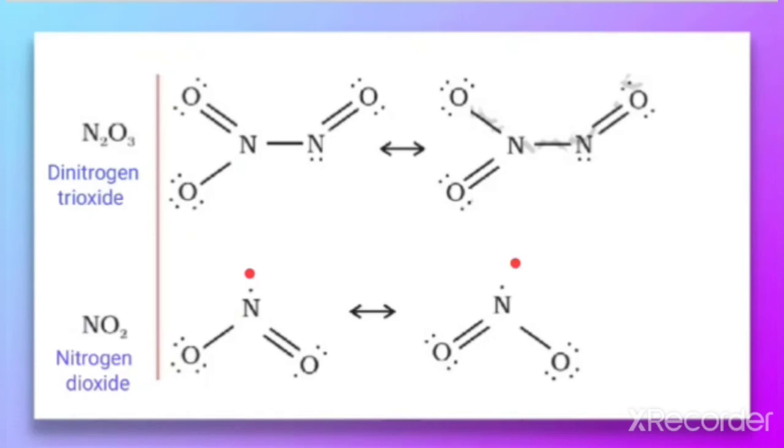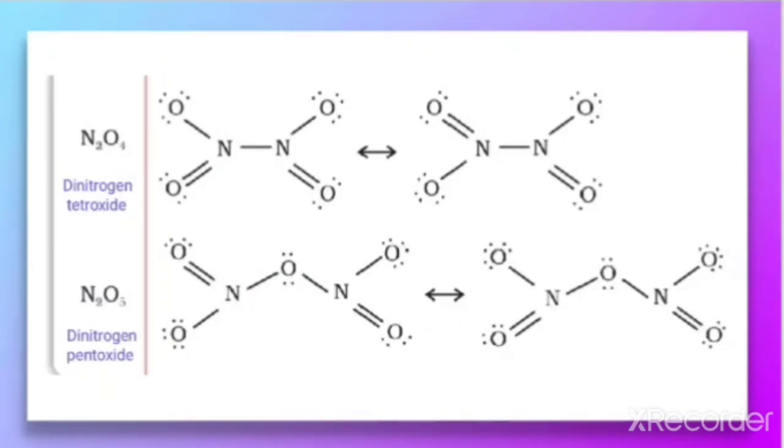It dimerizes. Next, dinitrogen tetroxide, where the oxidation state of nitrogen is +4. Its structure is given here. Next, dinitrogen pentoxide, the resonating structures are given here.